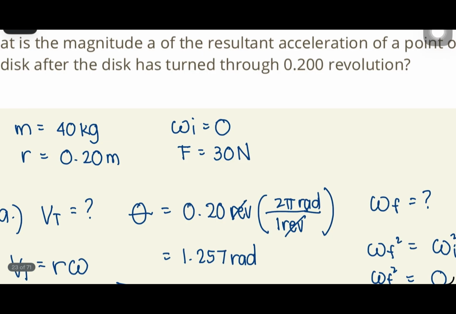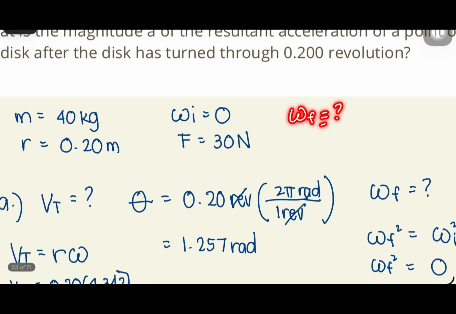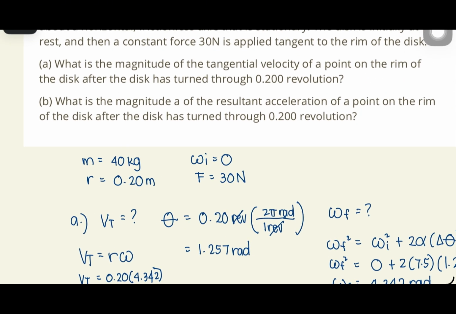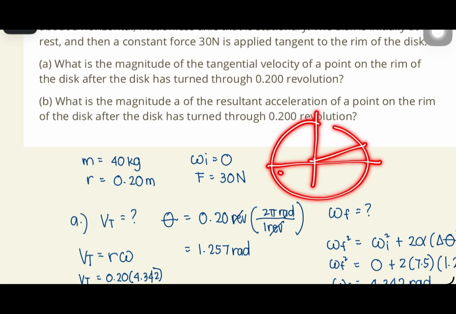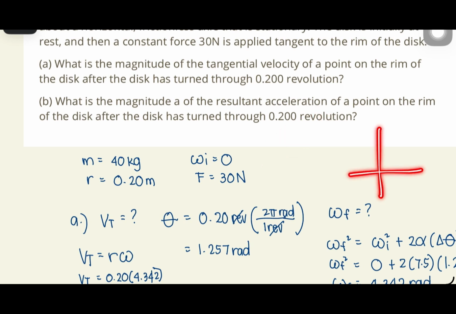So, para makuha yung final angular speed, mag-identify muna tayo ng 3 known variables. So, may given class na theta. Paano mo nasabing theta? Kasi naka-revolution siya. Siya yung angle na na-produce gawa nung rotation, no? So, yan yung angle.